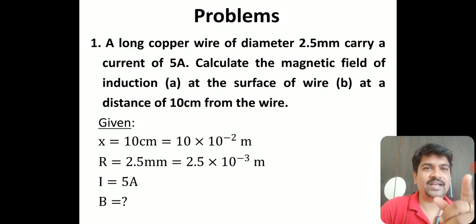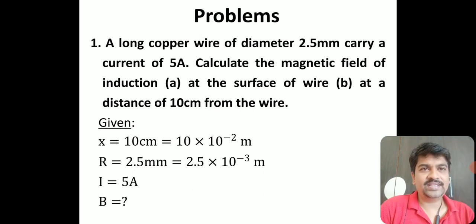The radius has to be 2.5 by 2, which is 1.25. Please make the correction for the radius. Diameter is 2.5 millimeters, means the radius is 1.25 into 10 to the power of minus 3 meters, and the current flowing through the wire is 5 amps.